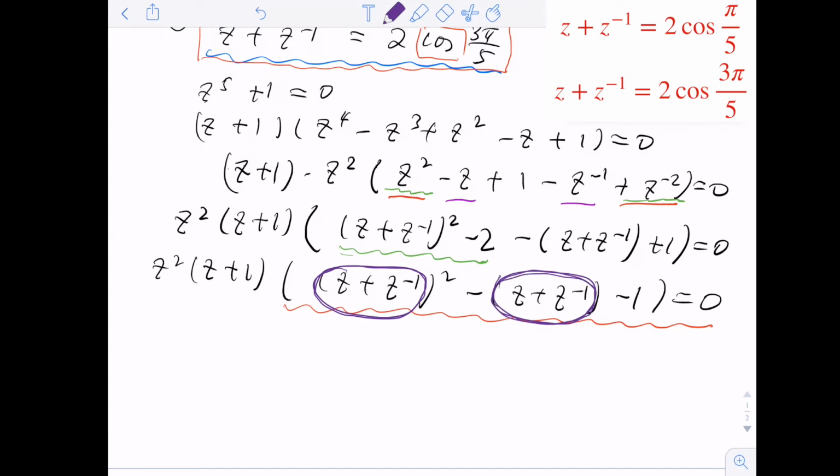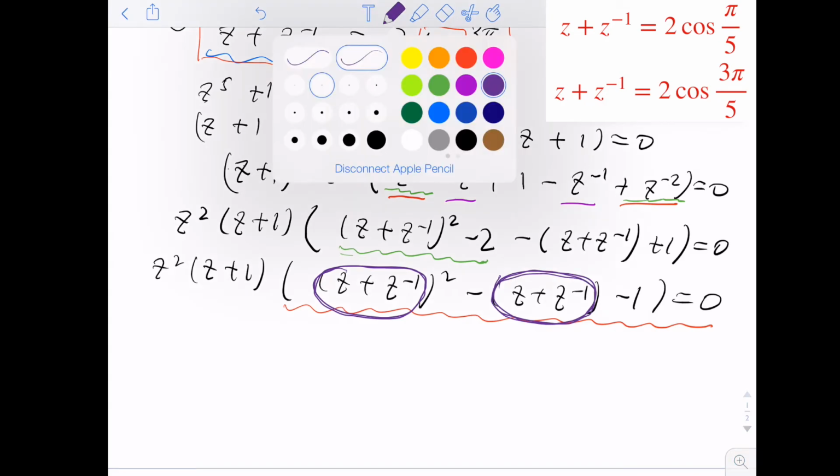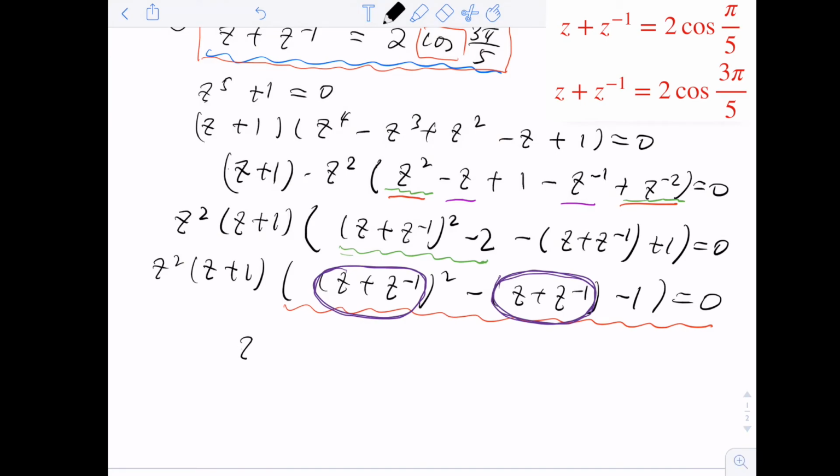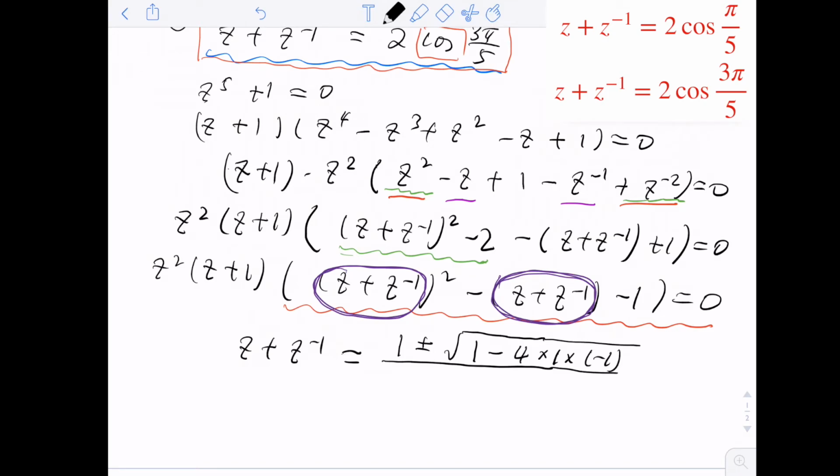If I let z plus z to the negative 1 be X, then using the quadratic formula, z plus z to the negative 1 equals negative b, which is 1, plus or minus the square root of b squared, which is 1, minus 4ac, where a is 1 and c is negative 1, over 2a, where a is 1, which gives me 1 plus or minus square root of 5 over 2. That's z plus z to the power negative 1.